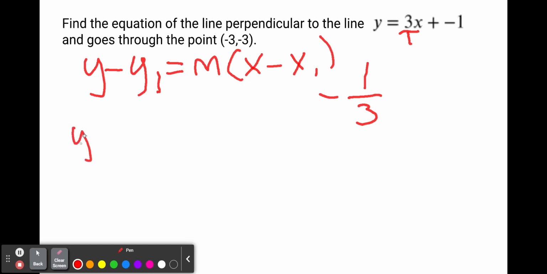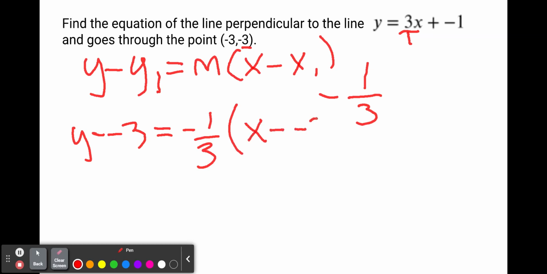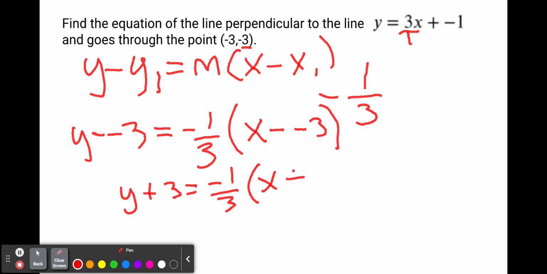So my y coordinate is -3, y minus -3 equals -1/3 times x minus -3. Remember, when we have a double negative, it turns into a positive, so y plus 3 equals -1/3 times x plus 3.